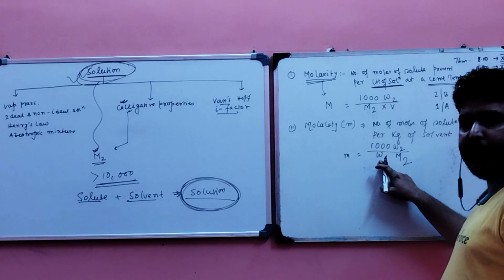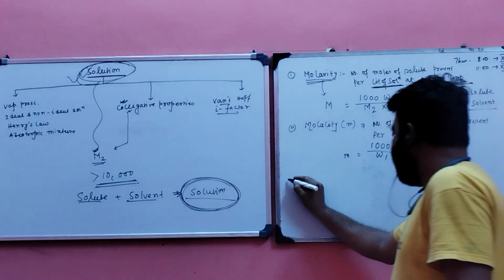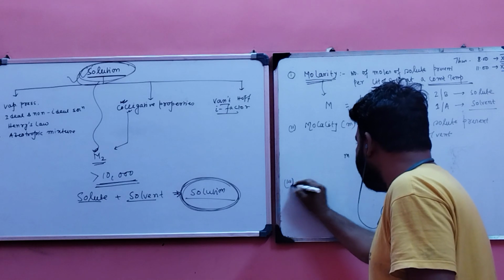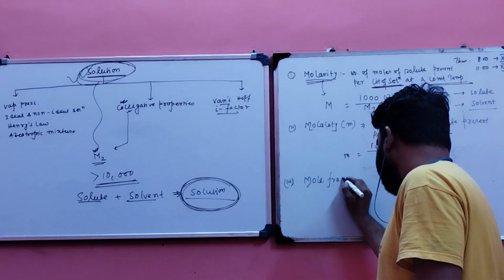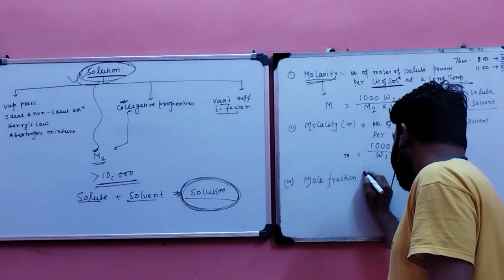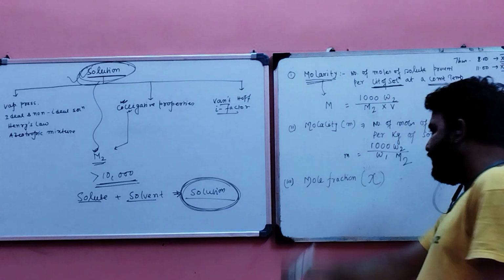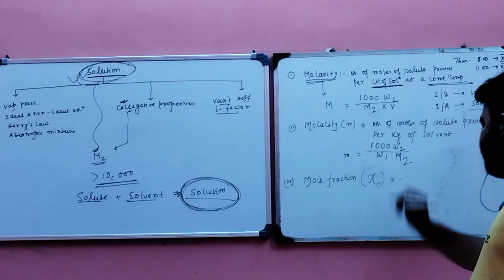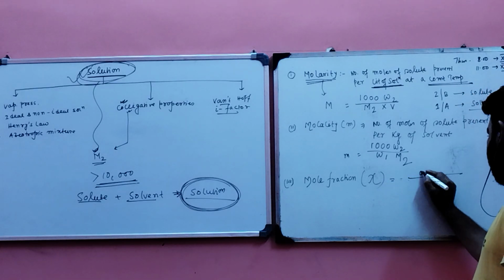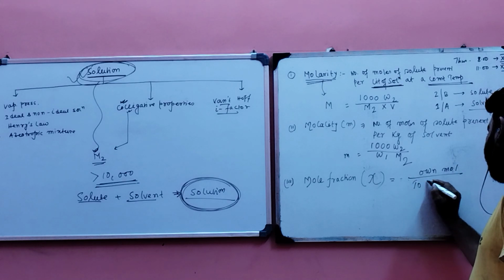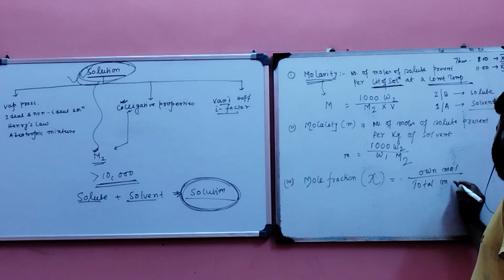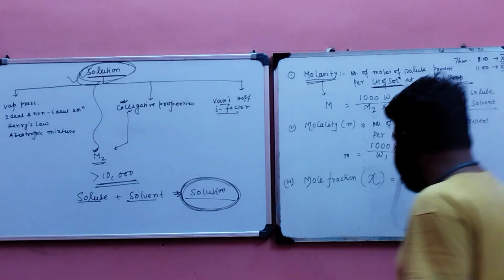And another term is also used, that is mole fraction. Mole fraction is represented by the sign chi. Mole fraction means one component's moles by total moles. So what do we mean by that?